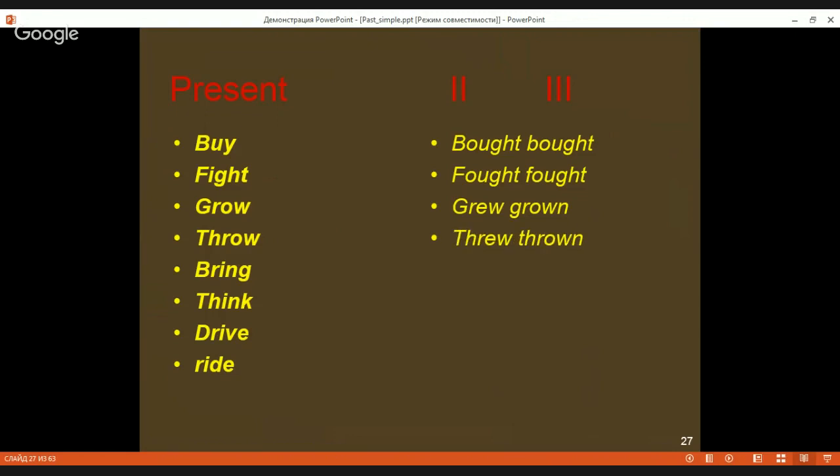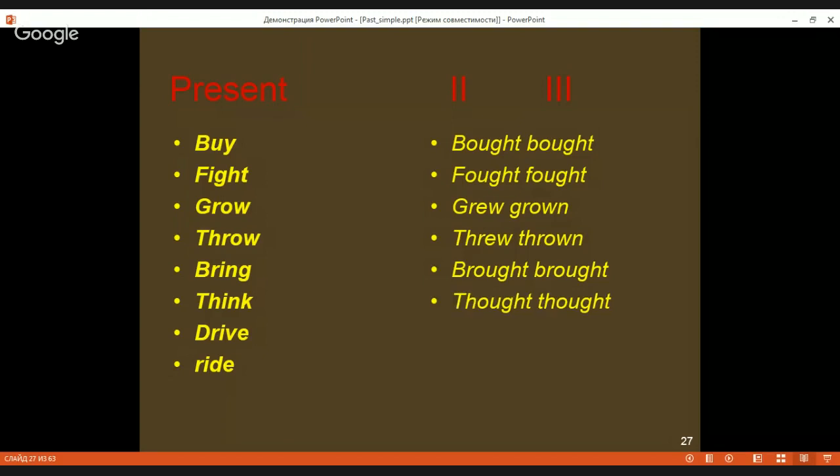Yes, threw, thrown. Let's have a look at bring. We remember the forms of bring, such as brought, brought. Now it's your turn to write down the forms of the verb think. Thought, thought. You are right.